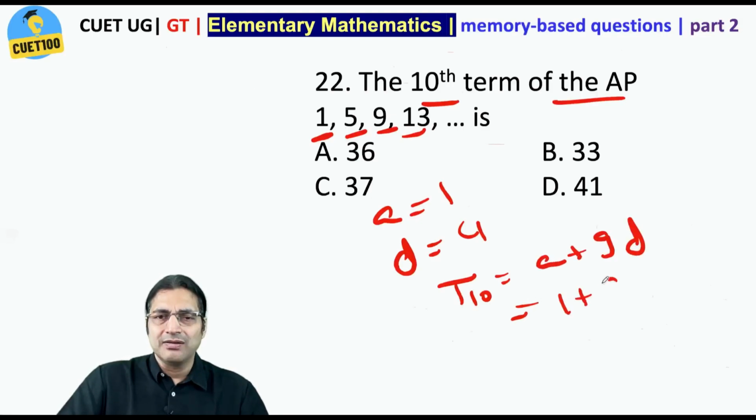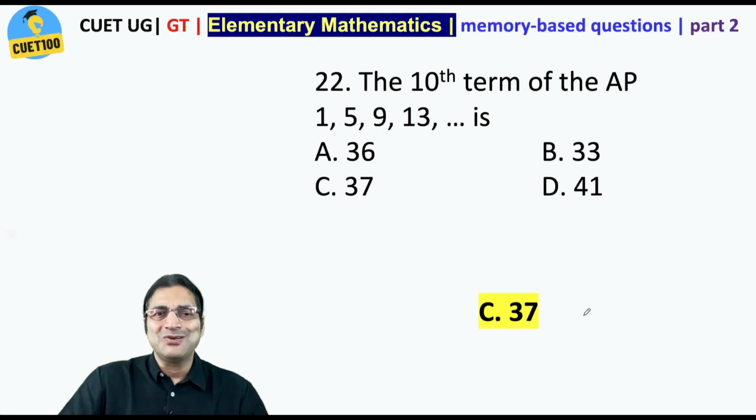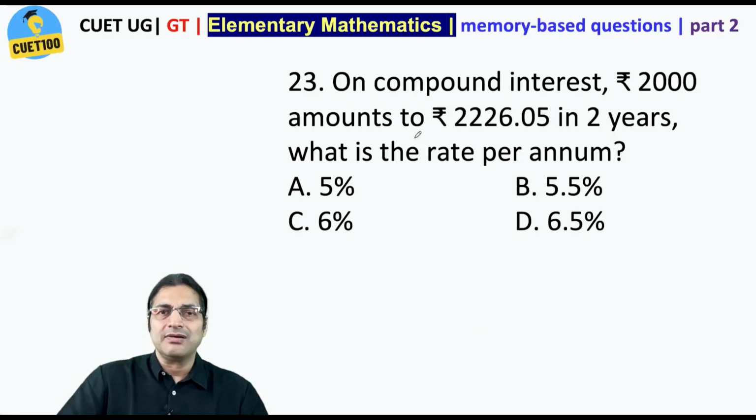That is 1 plus 9 into 4, 36, that is 37. All right, but is that how we shall get this answer? No. Look, if you just add 3 to each of the terms, it becomes a table of 4. So, 10th term would be 40, right? But take out the 3 that you had added, so it becomes 37. That's your answer, right? Okay.